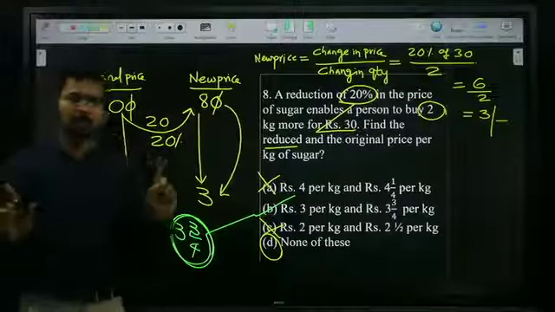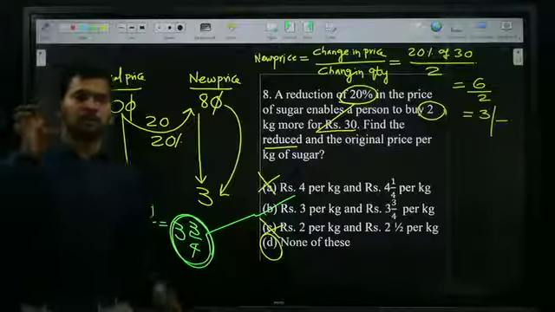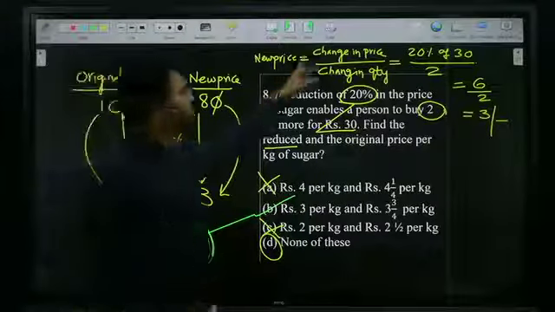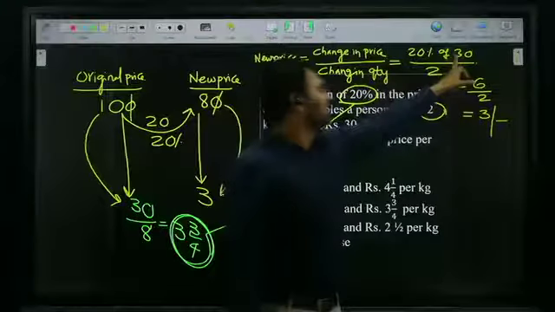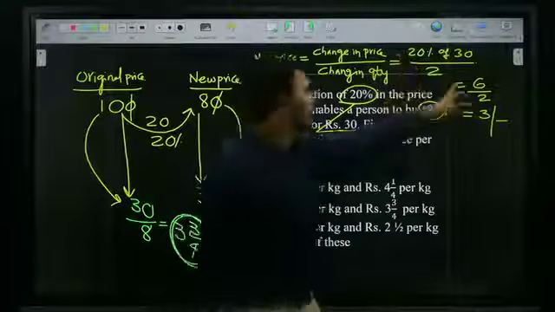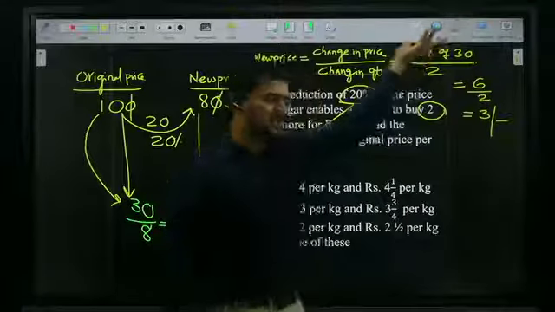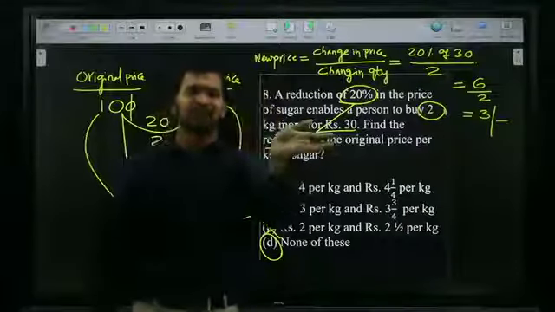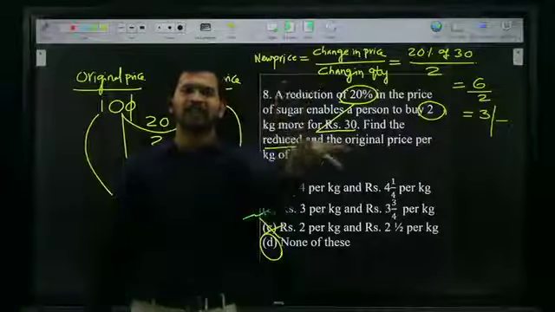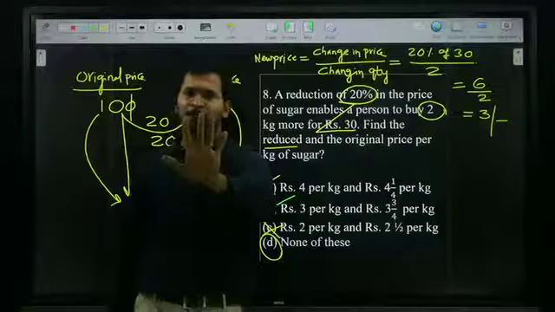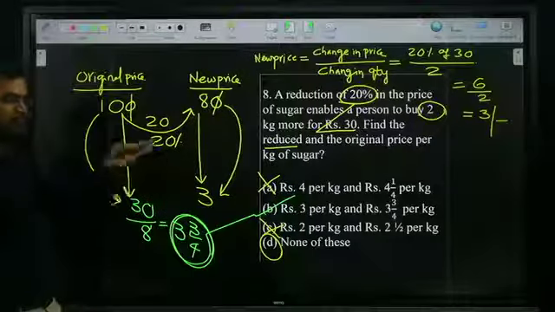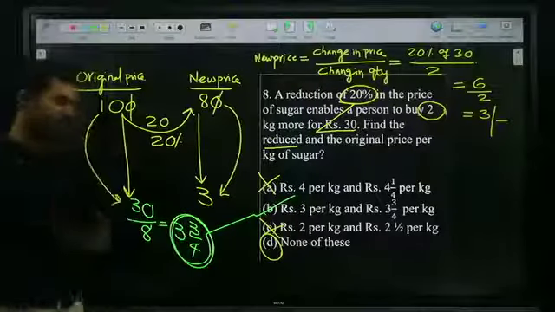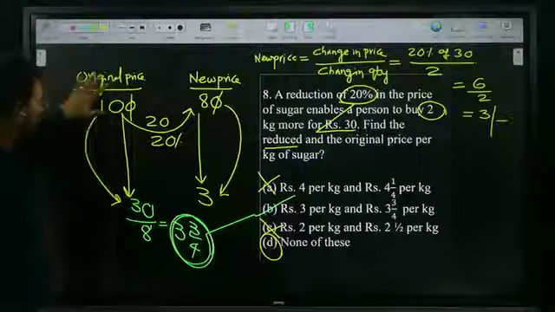I already told you, new price is nothing but change in price by change in quantity. In the price, a 20% change is there. For that 6 rupees reduction, you are getting 2 kgs extra, so for 1 kg the new price is 3 rupees. I don't know the original price, so I assume it as 100.